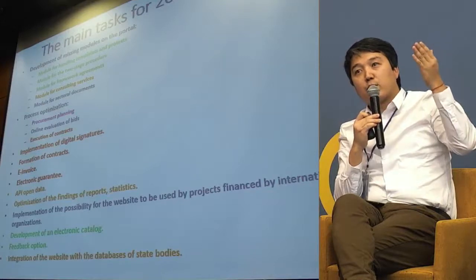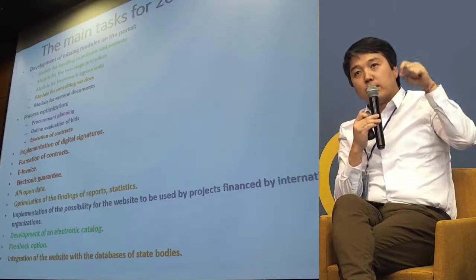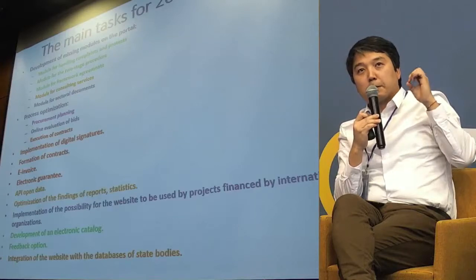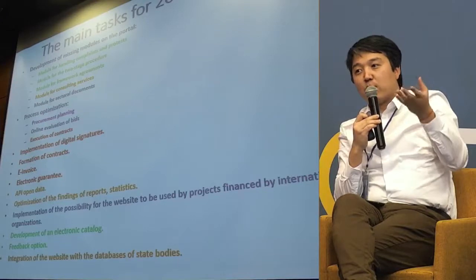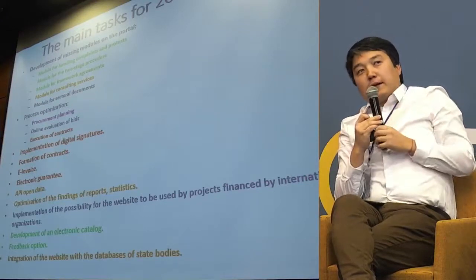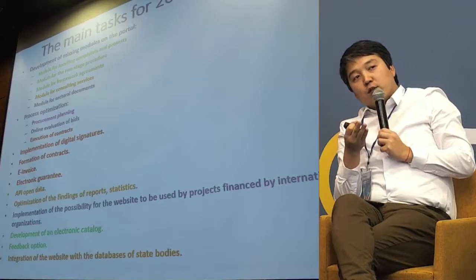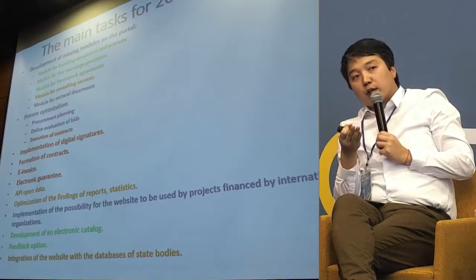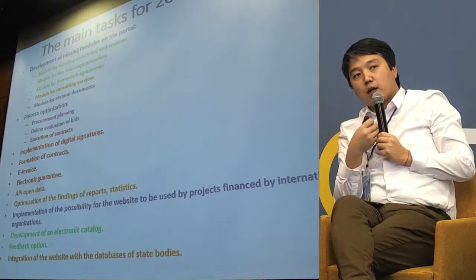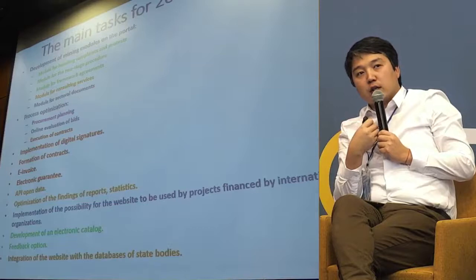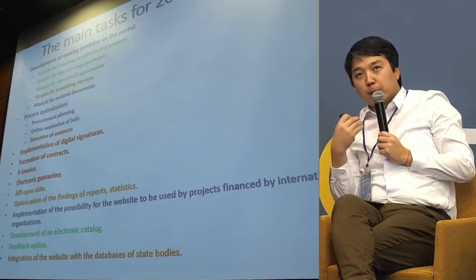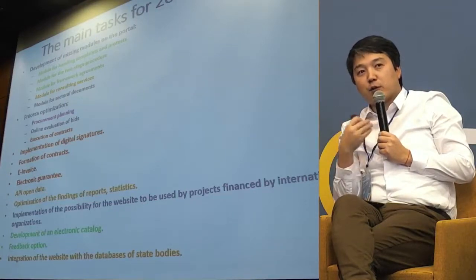We had several procedures that had no functions, no modules in our web portal, and then an electronic catalog was developed that would help small and medium enterprises to participate in procurement, and it will help raise competition in the procurement system.